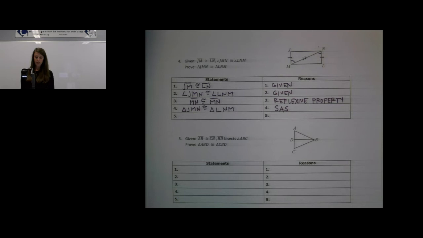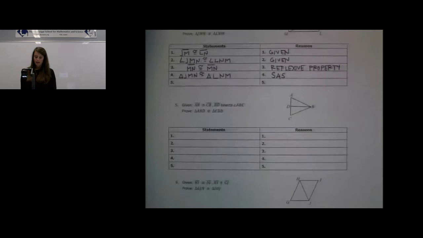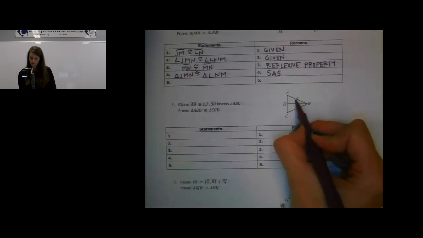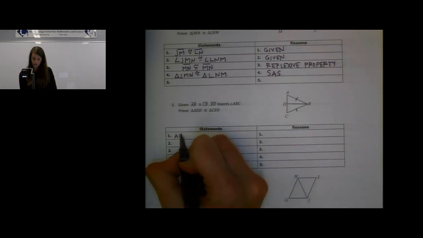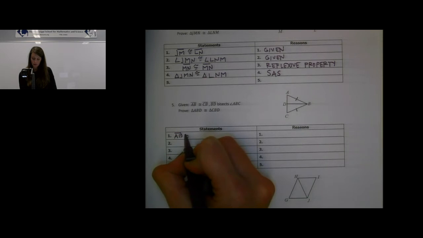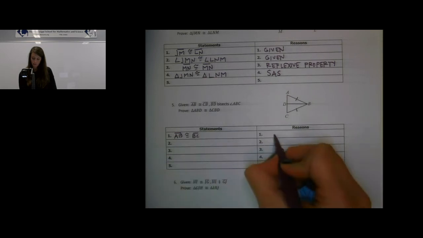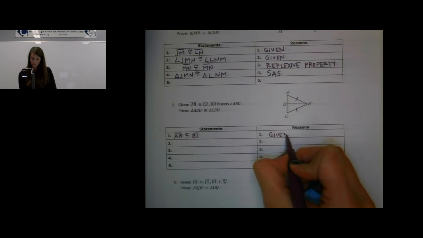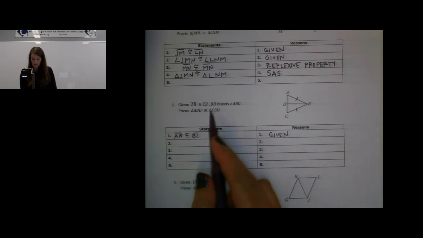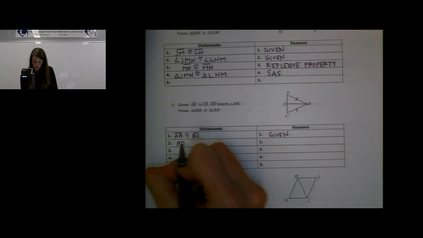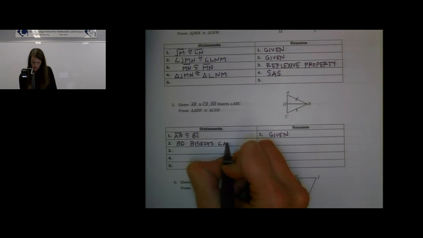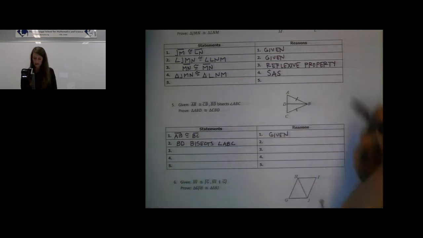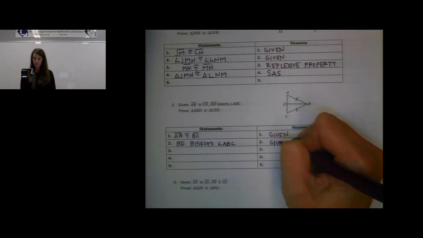Okay, so number 5 here, we have AB is congruent to CB, so that is given to us. Also BD bisects angle ABC. So if BD bisects angle ABC, so that's given to us, what does that mean?